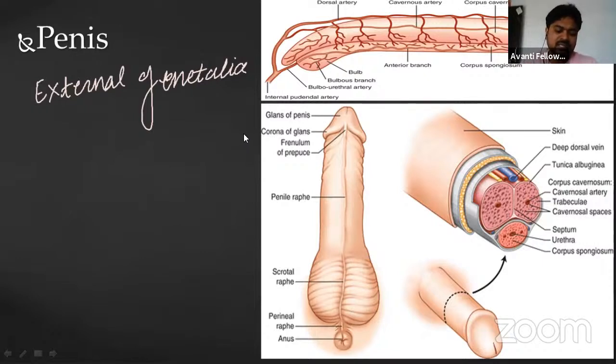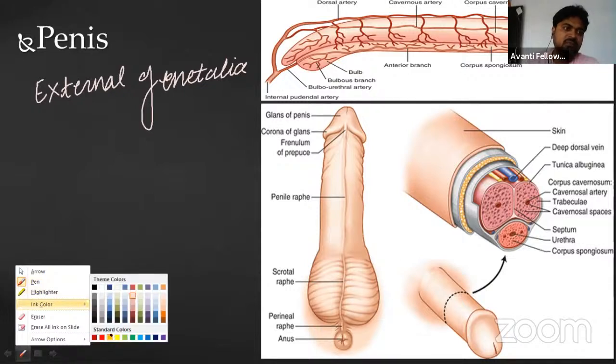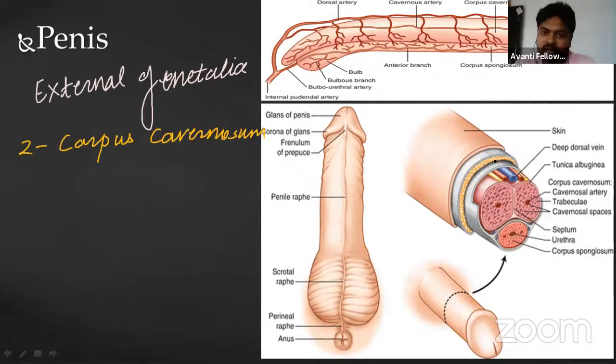We also discussed the different tissue structures inside the penis, and there are two tissue structures, each with a different number. For example, there are two corpus cavernosum.